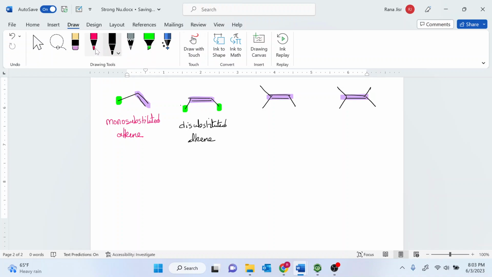Disubstituted alkenes can either have their substituents on the same side, and this is going to be the cis isomer, or they can have their substituents on opposite sides, and that is going to be the trans isomer. When we talked about cis and trans, we said that they exist in a cycle, and they also exist in a double bond. Here there is no rotation between the cis and the trans.